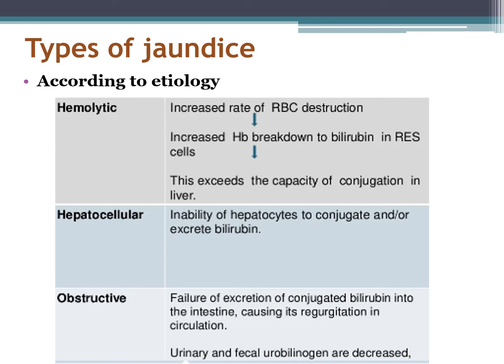Therefore the conjugated bilirubin cannot reach the small intestine, so it is reabsorbed into the plasma, and we get a high level of conjugated bilirubin. So in hemolytic and hepatocellular we have unconjugated bilirubin in the plasma, and in obstructive we have conjugated bilirubin.